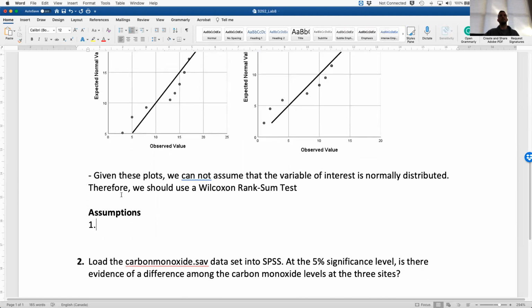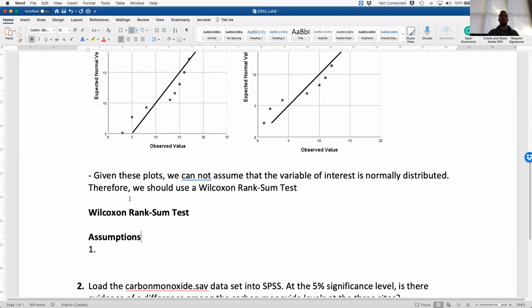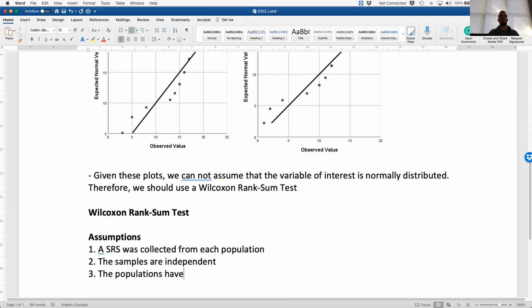Okay, so the assumptions of the Rank-Sum Test are: 1, an SRS was collected from each population; 2, the samples are independent; and 3, the populations have the same shape.